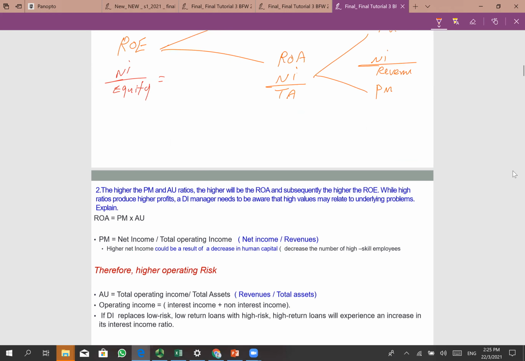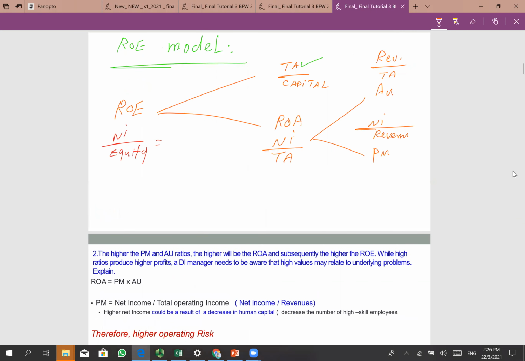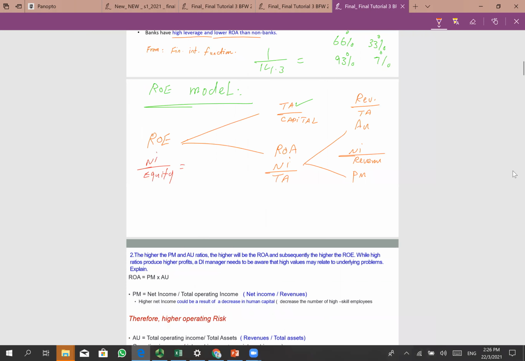Now, the question says the higher the PM, which is the profit margin, they are talking about this model, the higher is the profit margin, and the EU, which is the asset utilization, the higher is the ROA. Yes, if this is high, this is high, of course this is high.